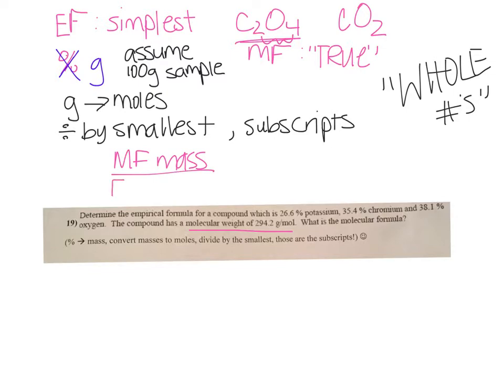You're going to divide it by your empirical formula mass, which you just get from using your periodic table. And then you are going to get a ratio, and that ratio is what you multiply by all of your subscripts.